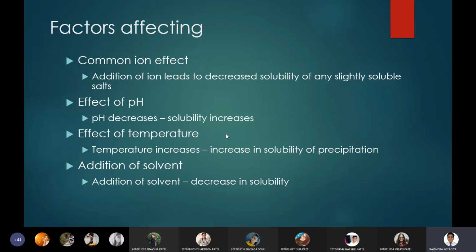And the fourth factor is addition of solvent. If you add more solvents, obviously there is a decrease in solubility, and you will find changes in the extent of precipitation.